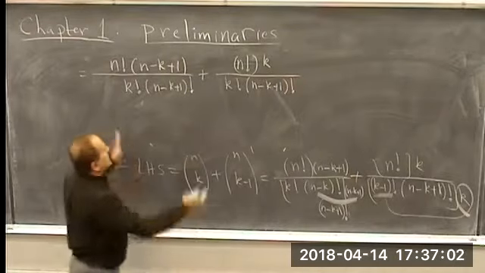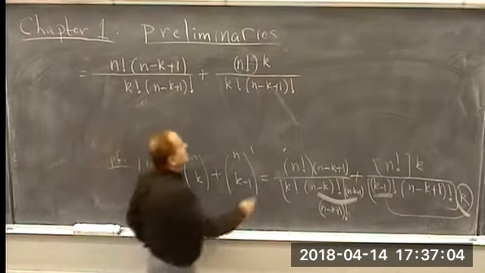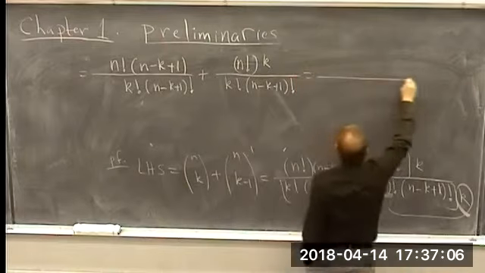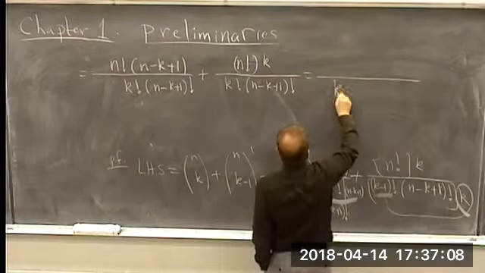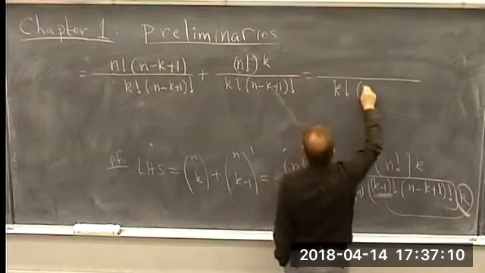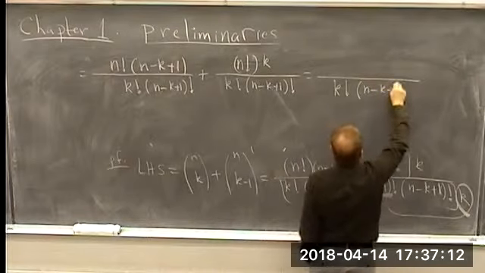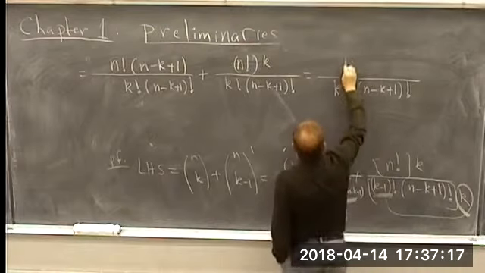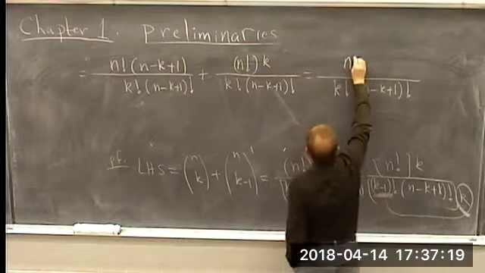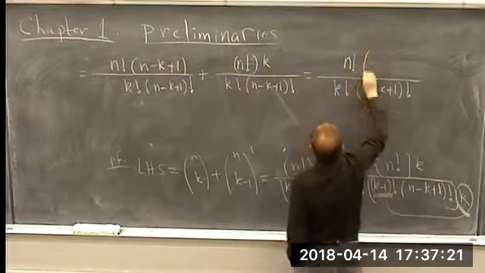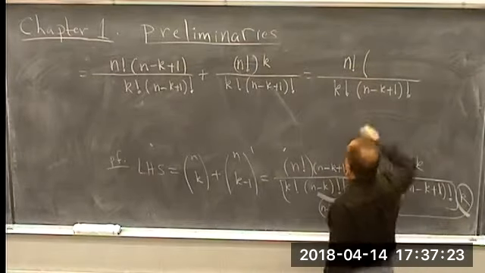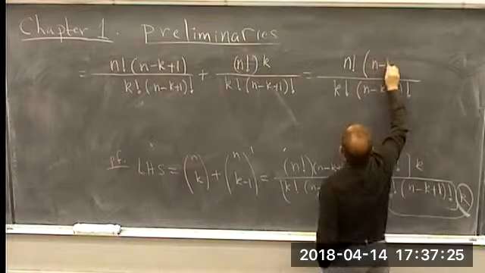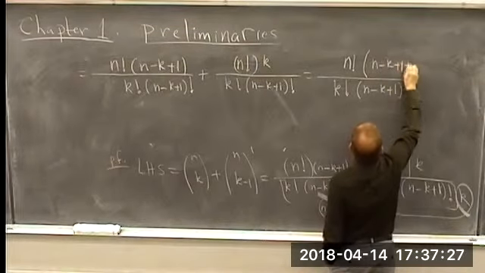So we can have one fraction with a common denominator of k factorial times n minus k plus 1 factorial. And then we have this n factorial; let me also factor it out. So we get n minus k plus 1 plus k.